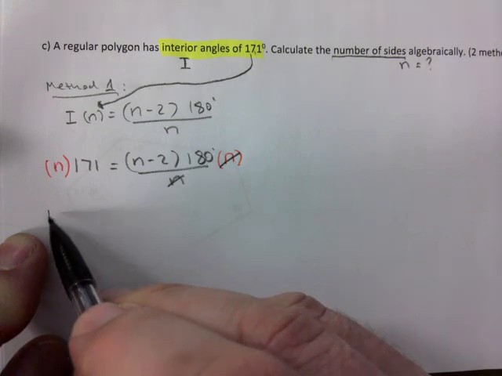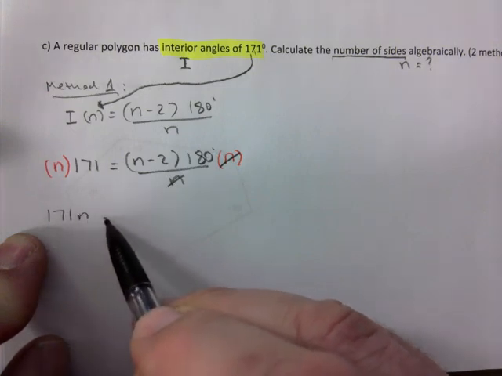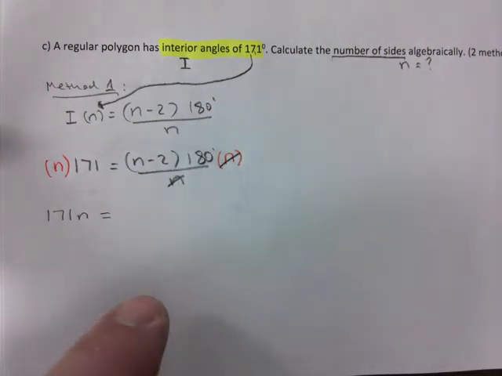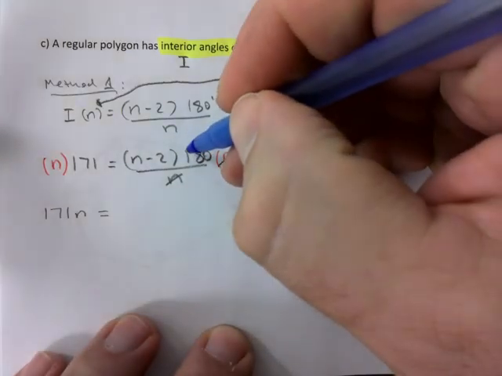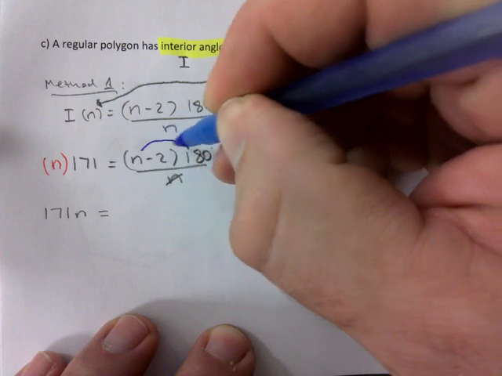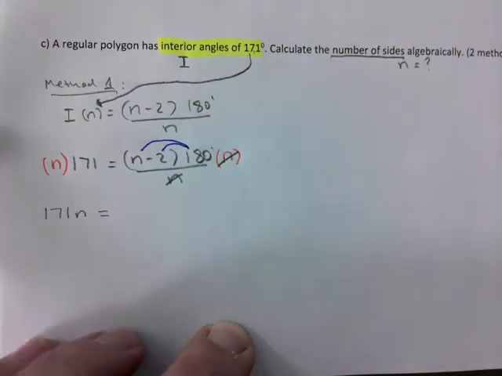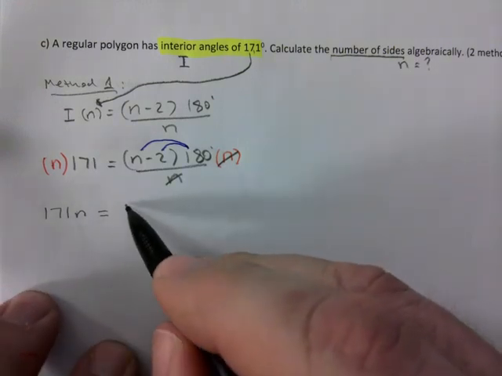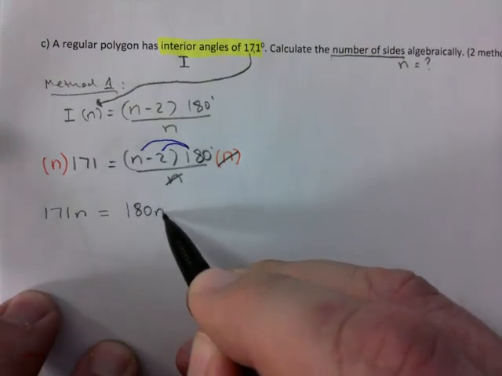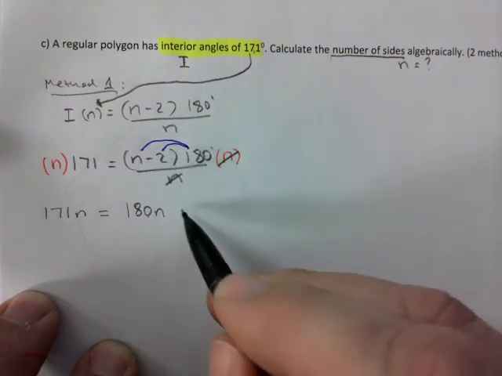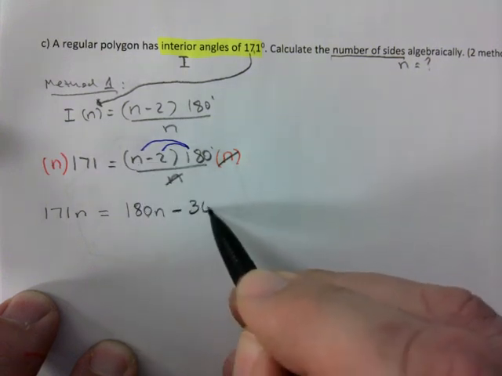That's what you want. So you're left with 171n is equal to, we can distribute here. So I'm going to use a different color to show you that I did it over here. Yeah, you have to in this case. I distribute the 180 through that bracket, and you end up with 180n, right? 180 times n is this. 180 times negative 2 is negative 360.